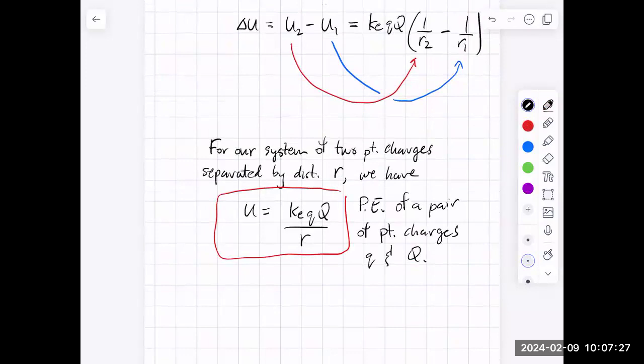One thing I just want to point out, we won't write it down, but this potential energy is only associated with the position of our charges. So if I have fixed charges, little q and capital Q, and then I just move them around, the only thing that the potential energy depends on is the distance between those 2 point charges. That's just like the gravitational potential energy.